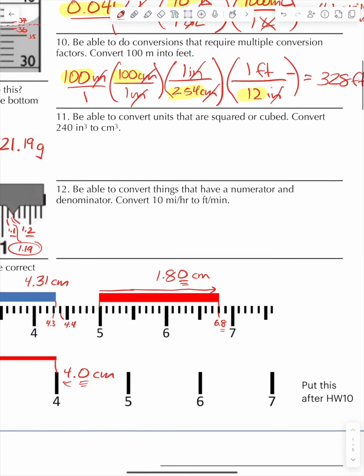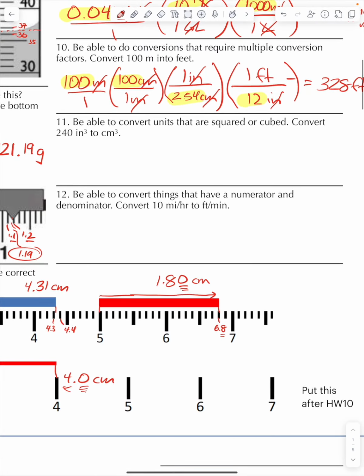Okay, speaking of which, there are some things that you need to convert where you have one of the units squared or cubed. And there are different ways of doing it. I think this year was the first year I did it a different way. So let's go ahead and just start this one. I have 240 inches cubed, and I want to end up with centimeters cubed. Well, I know there are 2.54 centimeters per inch, but if I did that as my conversion factor, like I said, again, this is like over 1.